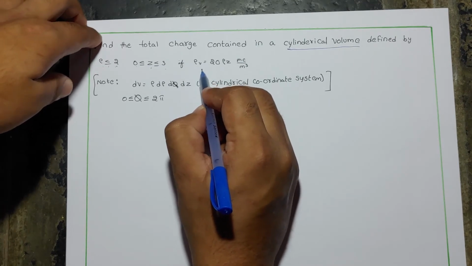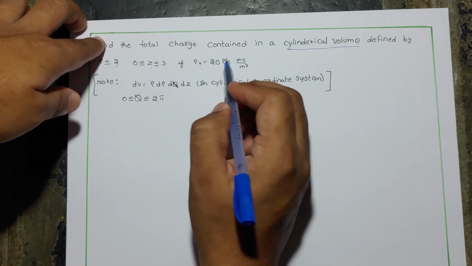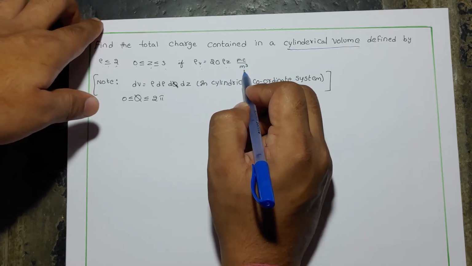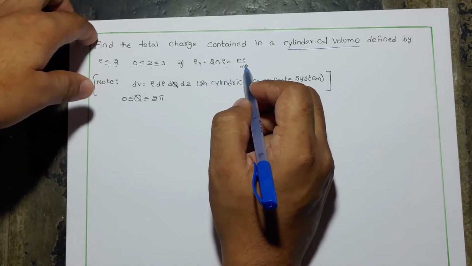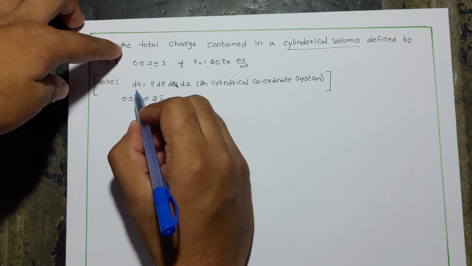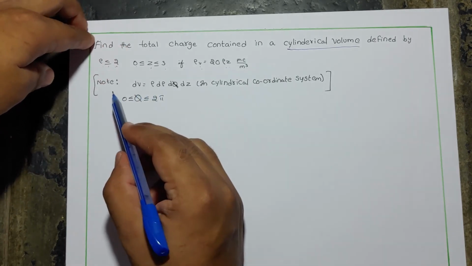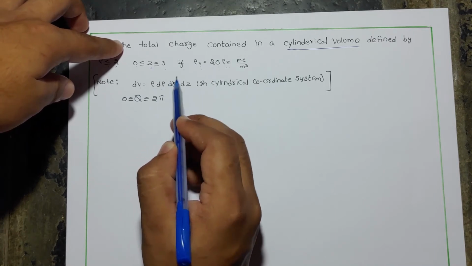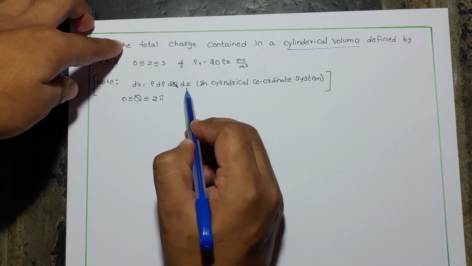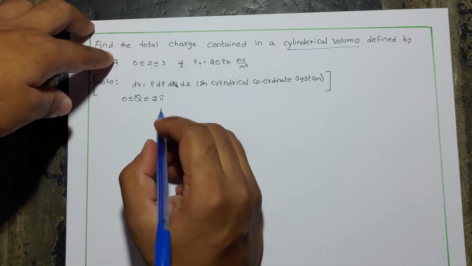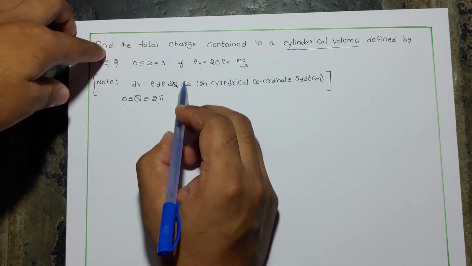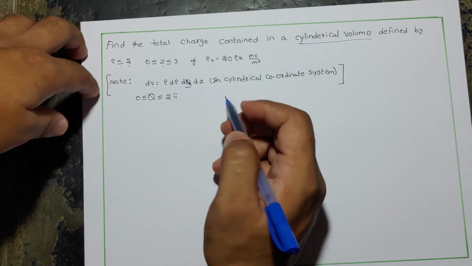If rho v, which is the volume charge density, is equal to 20 rho z millicoulomb per meter cube, here it is given that dv is equal to rho d rho d phi dz in the cylindrical coordinate system, and phi is in the range of 0 to 2 pi, as we have defined here.